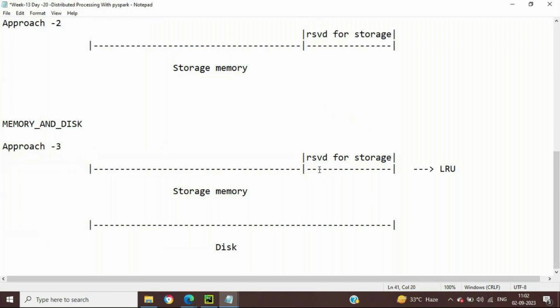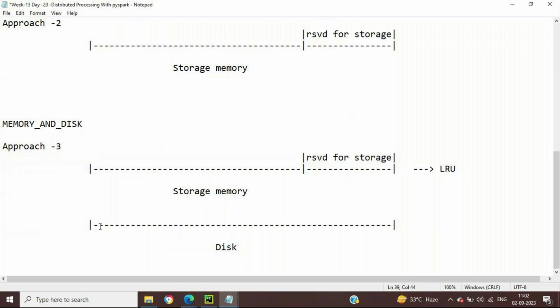That particular phenomenon is known as block evacuation, evacuating the blocks of storage memory which are least recently used.